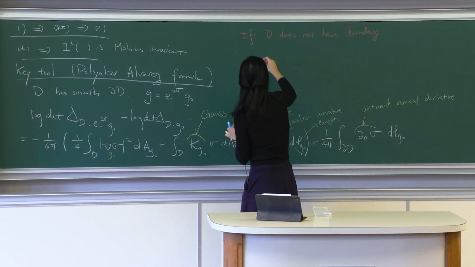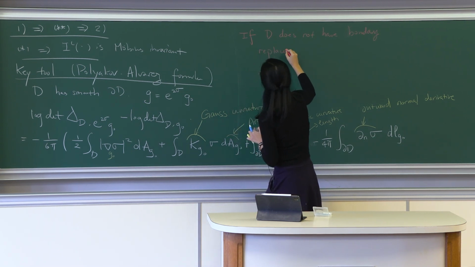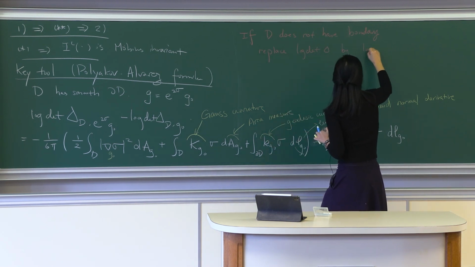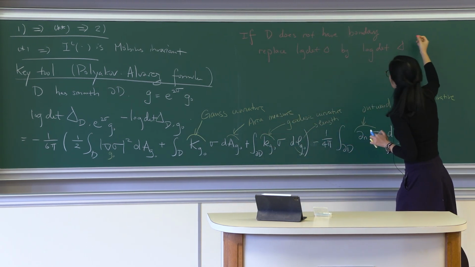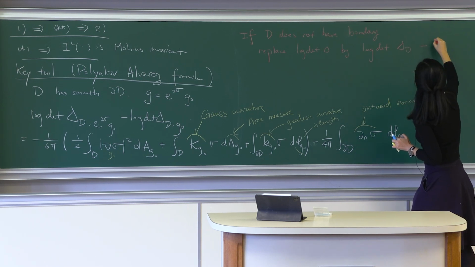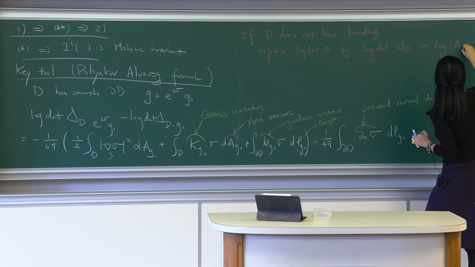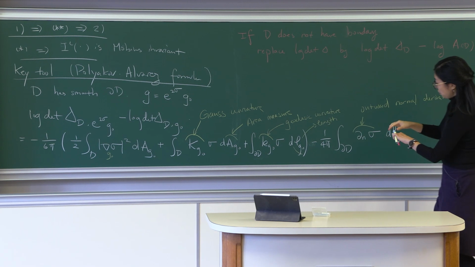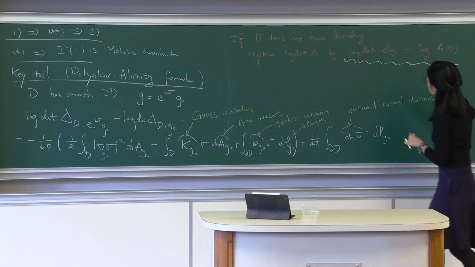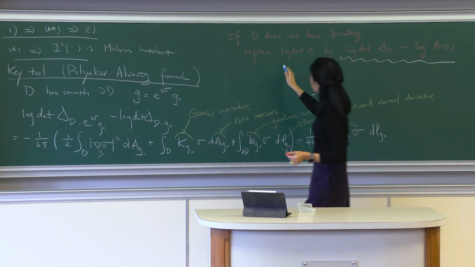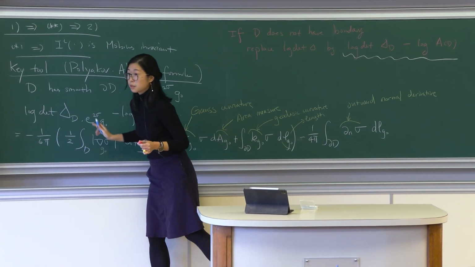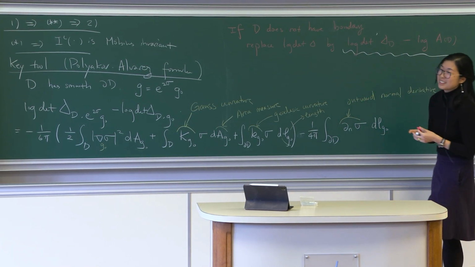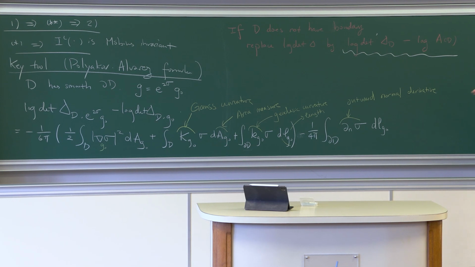We just replace log that by log that Laplacian of D minus log of the area of D. You should always think of them as a single entity. I will just replace this by this. Here I haven't defined this thing; it's a notation so far.